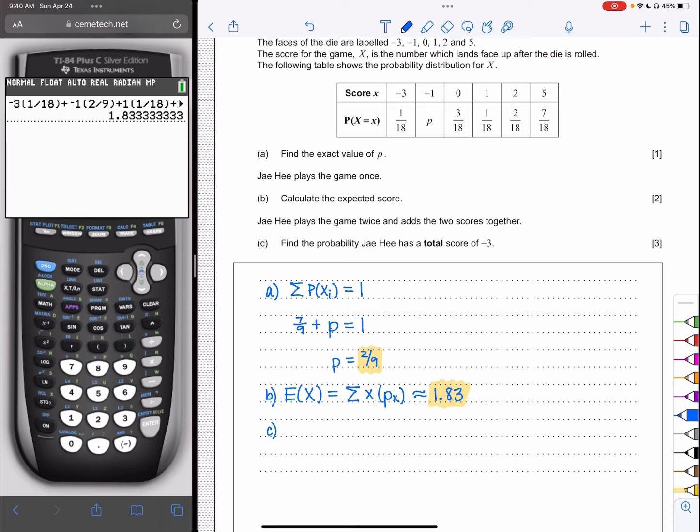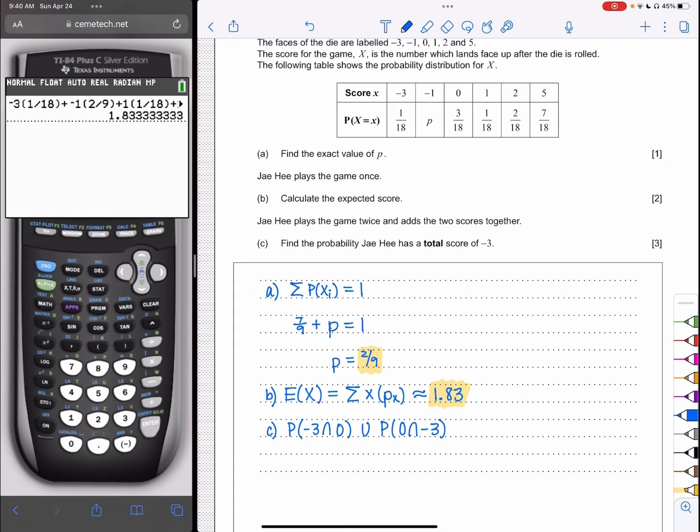The only way that you can get a total of -3 is if you find the probability of getting a -3 and a 0, or the probability of getting a 0 and then a -3. So remember, anytime we have the word and, we multiply. If we have the word or the symbol or, we add.